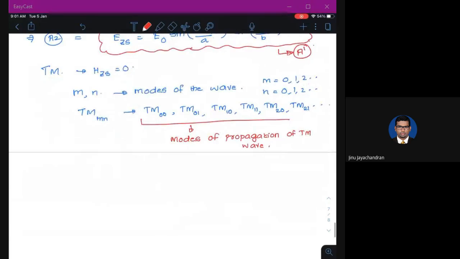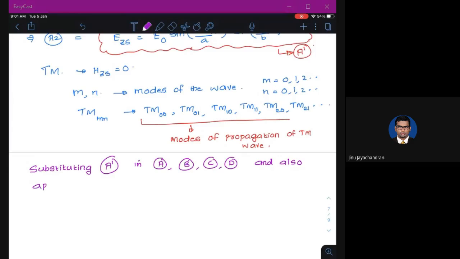So substitute A dash in A, B, C, D, and also applying HZS equal to 0 for TM wave, we get.